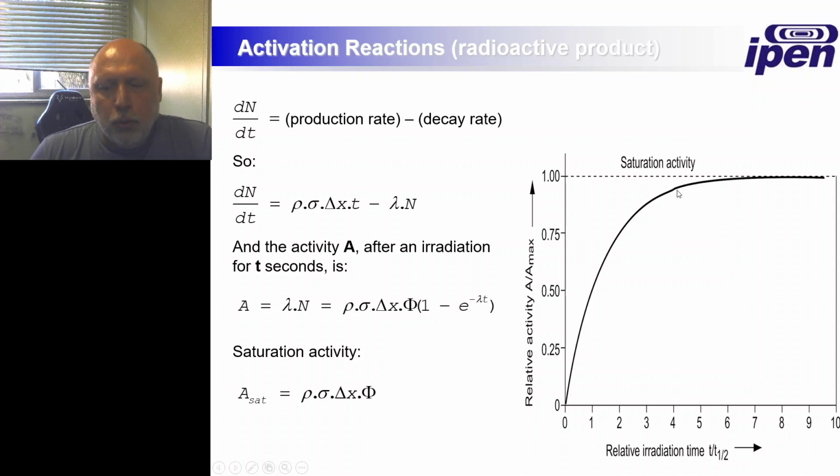This is very important when we're talking about, for instance, producing radioisotopes for medicine. You have a limit on how long you can irradiate, because you enter an equilibrium phase where if you irradiate longer, you just burn more target, and the activity you produce is still the same, right? So that's all I had to talk about activation, and reactions, in fact.